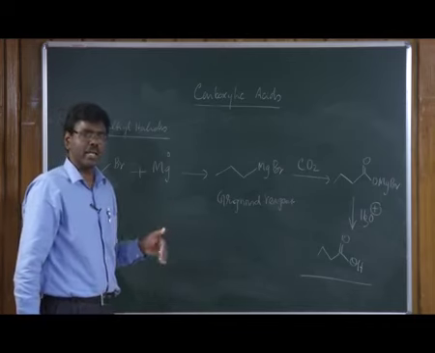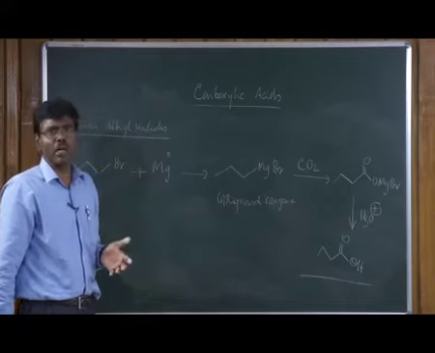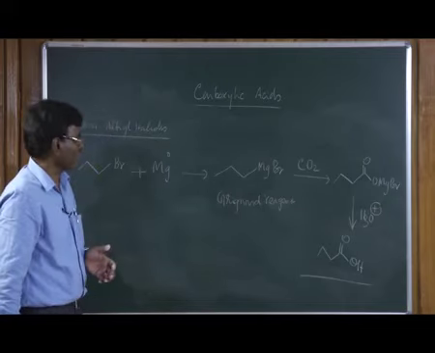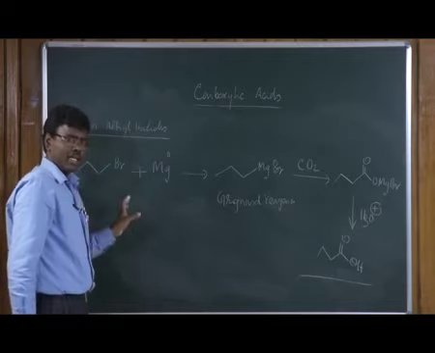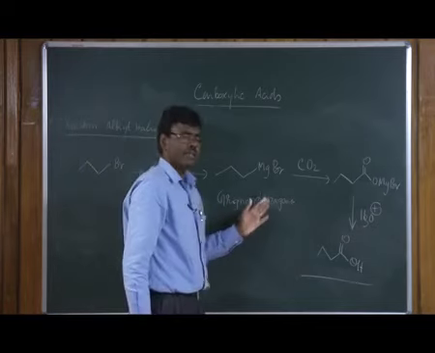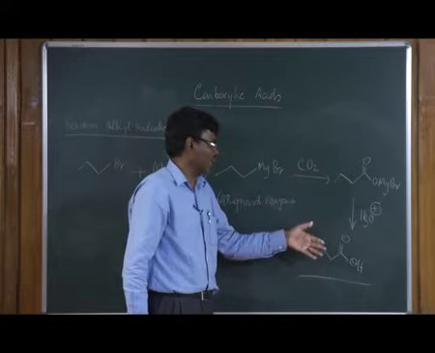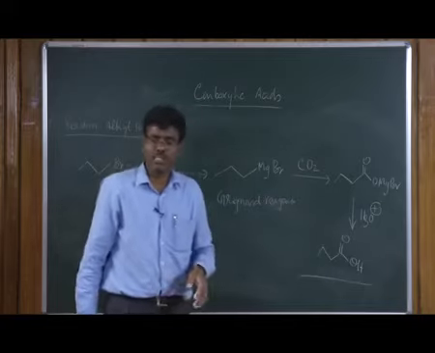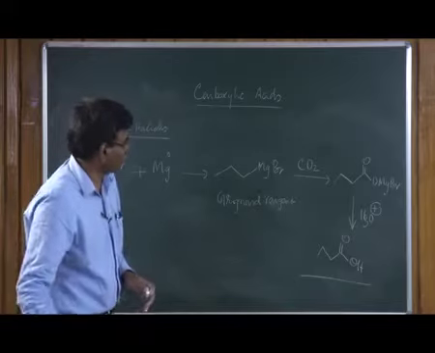That nitrile can be transformed to the corresponding carboxylic acid by hydrolysis. And furthermore, if you have alkyl halide, that can be reacted with magnesium to form Grignard reagent. That Grignard reagent can be reacted with the carbon dioxide, and that can give the corresponding carboxylic acid with 1 carbon more.